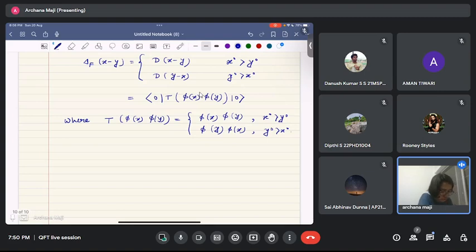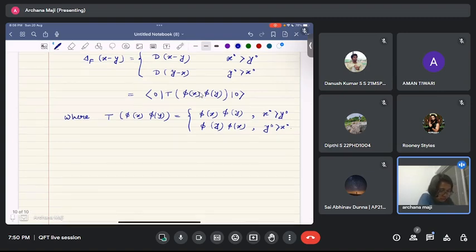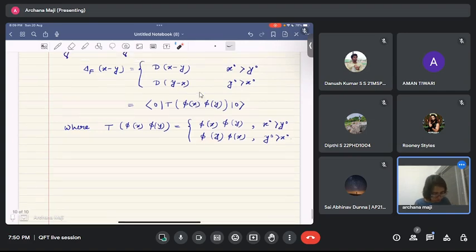Time ordering means that if y is happening at an earlier time, it should be put to the right, and the event happening at a later time should be put on the left. So here y0 is greater than x0, that's why phi y appears on the left. So that's all this is. This is the time-ordered product.